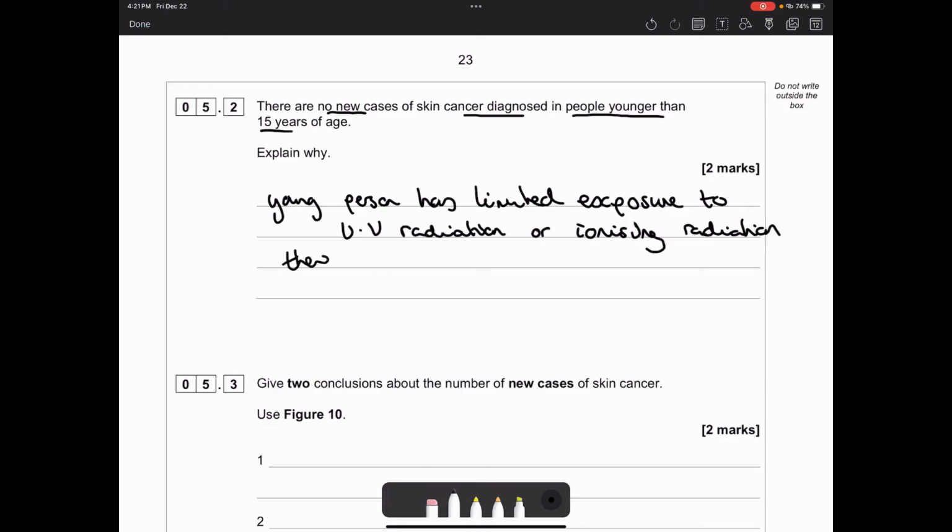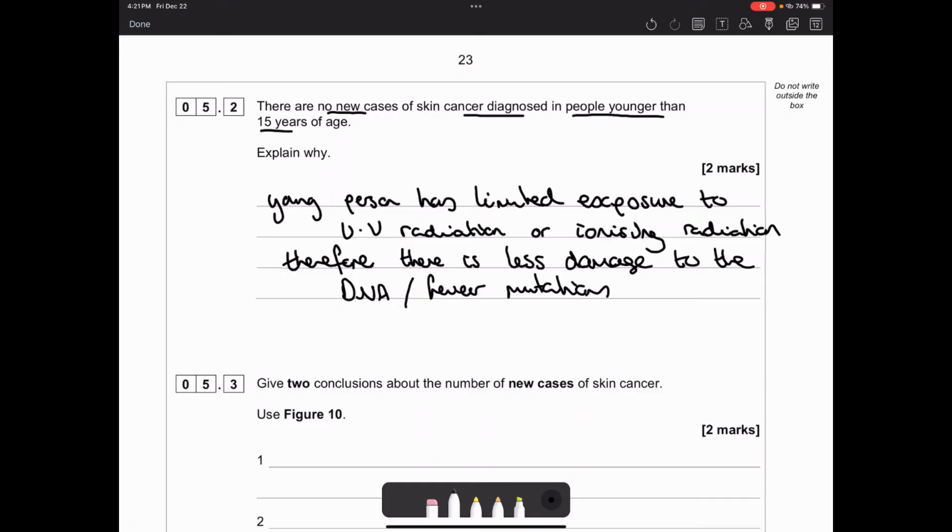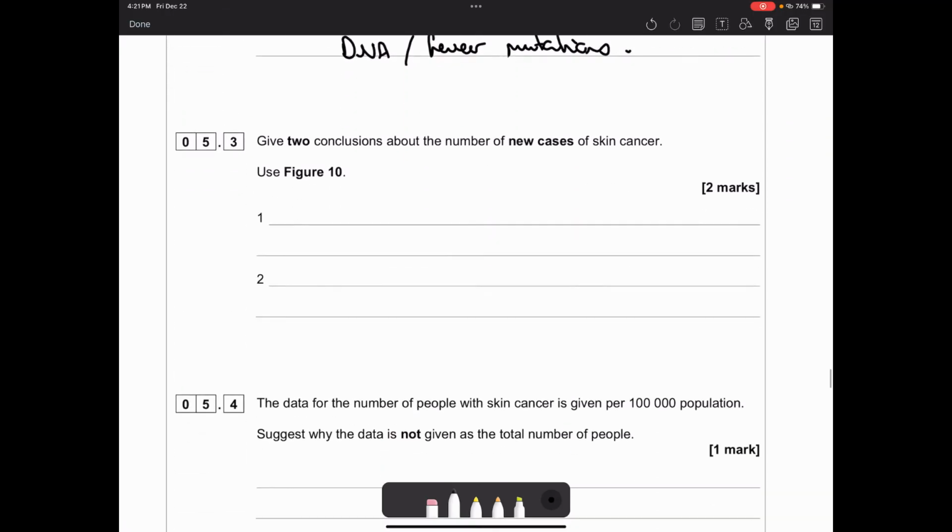And therefore, because it's a 2 marker, so you've made your point, then you need to explain it and think about, right, what does ionizing radiation do to the DNA? Therefore, there is less damage to the DNA and fewer mutations. And that would get you 2 marks there. So you made your point and then you've explained it.